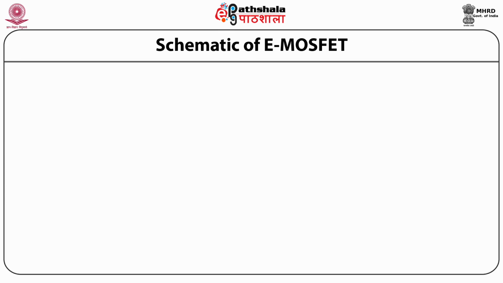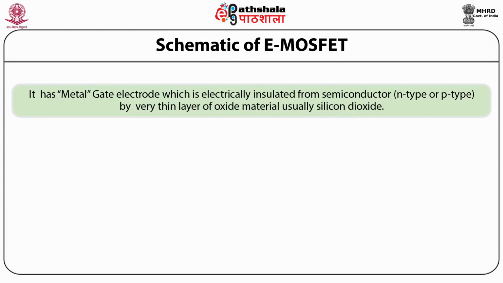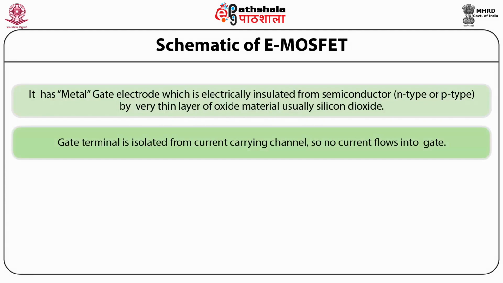So students, this shows the schematic of the enhancement mode N-channel MOSFET. It has a metal gate electrode which is electrically insulated from the semiconductor, which can be N-type or P-type, by a very thin layer of oxide material, usually silicon dioxide. The gate terminal is isolated from the current carrying channel, so no current flows into the gate.